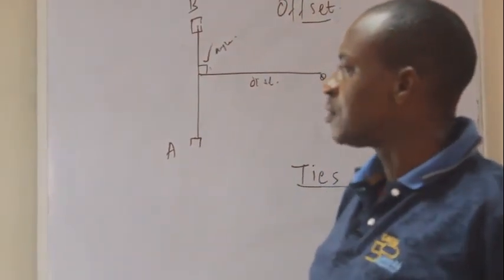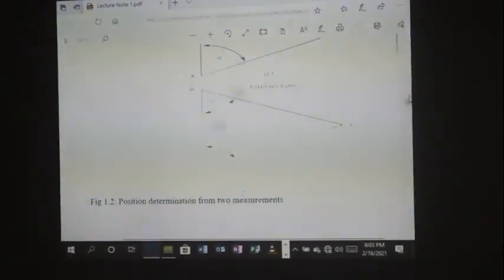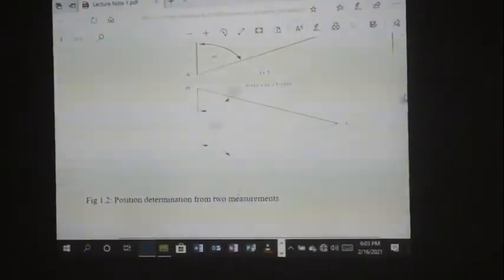So from A, which is known, you measure an angle with your equipment, usually theodolite, then you measure distance to this. In this case, we have a combination of angle and distance. So that is another way. The next one is intersection. The one I've explained now is traverse. This other one is intersection.